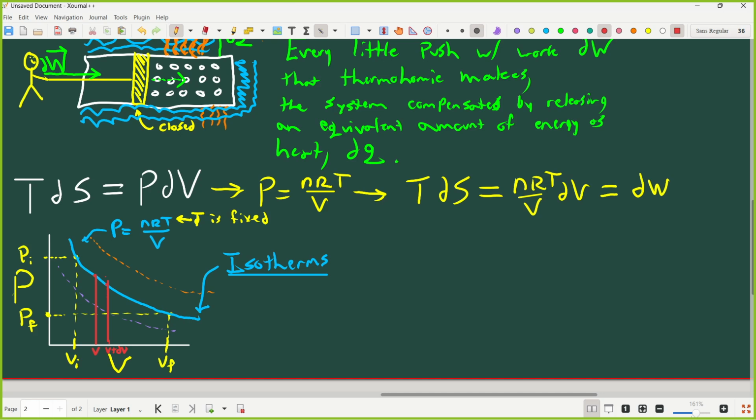Oh, that's a bad color. I'm sorry, guys. I like red. I gotta find a better color. Okay, so let's say I take my gas from here to here. I move it just a little bit, so the isothermal process only moves it very, very slightly.